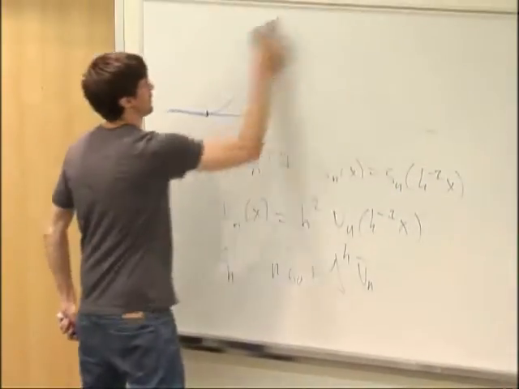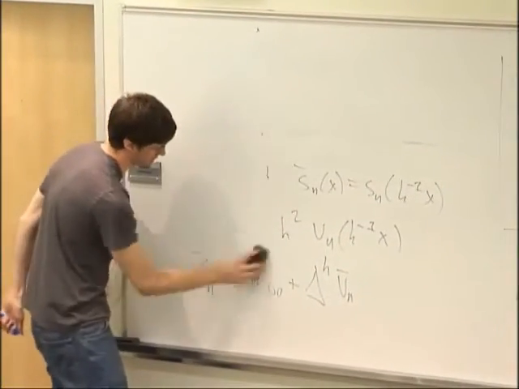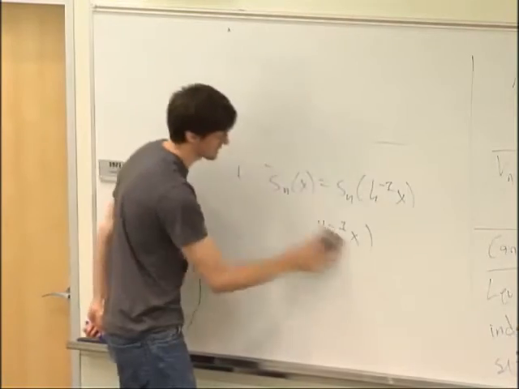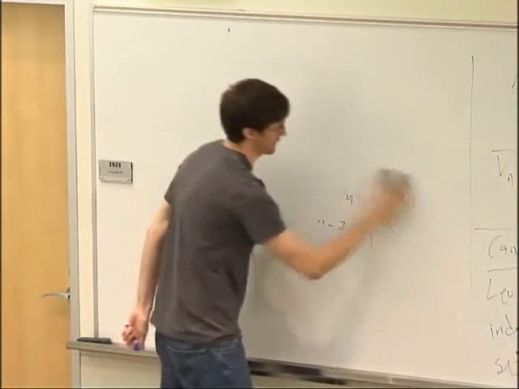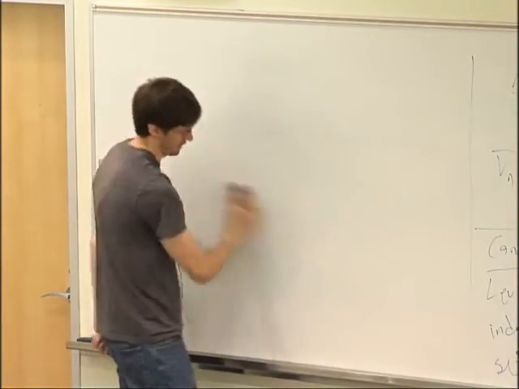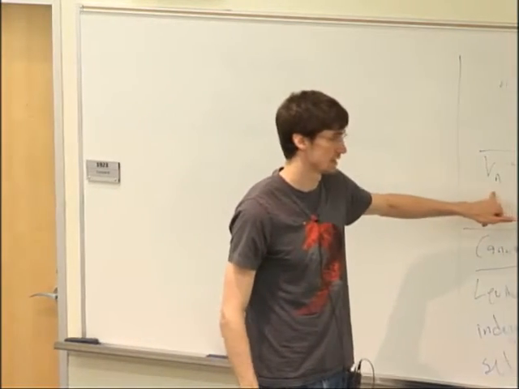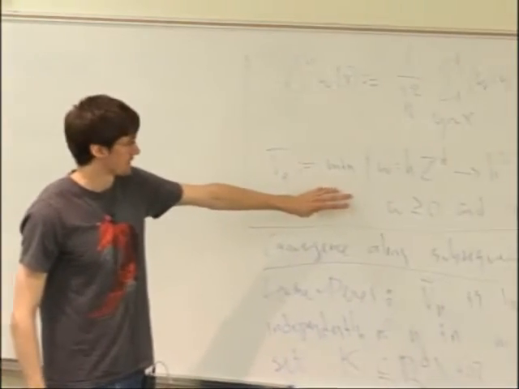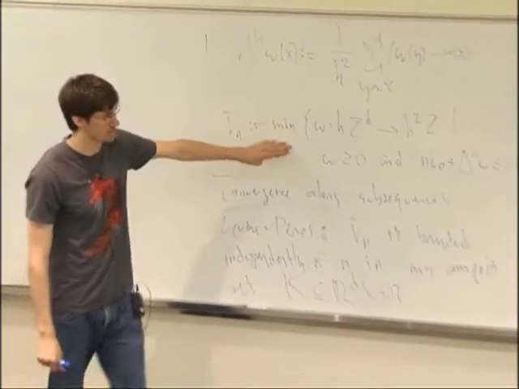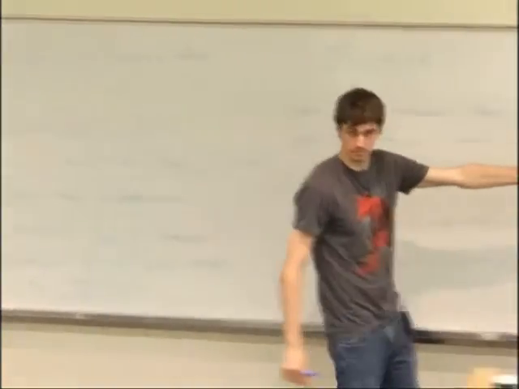Well, as a first attempt at trying to get uniqueness, I feel like the natural thing to do is to look at this least action principle. We know that the Vn satisfy this, so some sort of continuum version of this is going to be inherited by this limit.